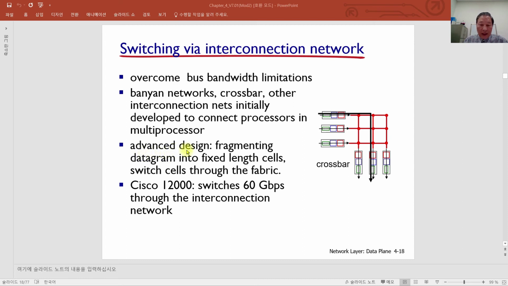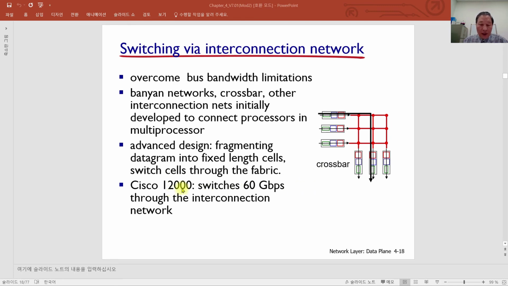This is an advanced design, fragmenting the datagram into fixed-length cells and switching the cells through the fabric. If we use this advanced design, then these cells will be used for better speed.